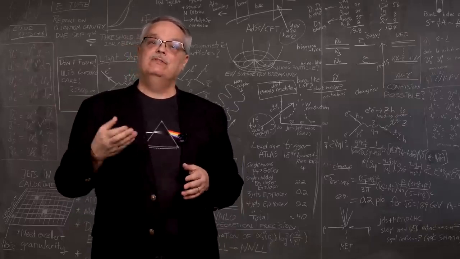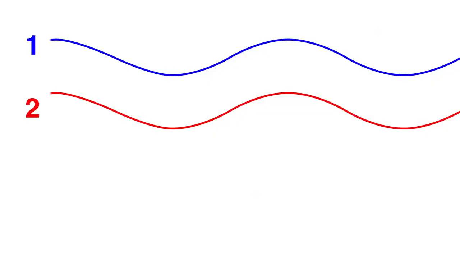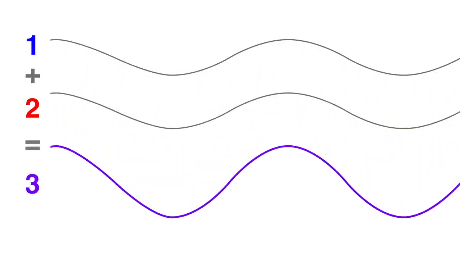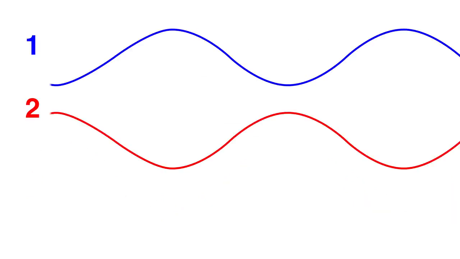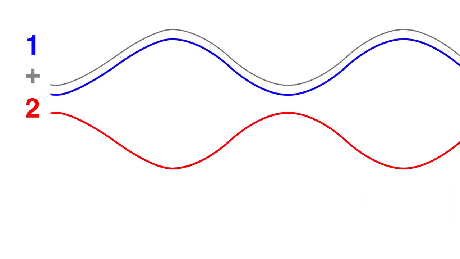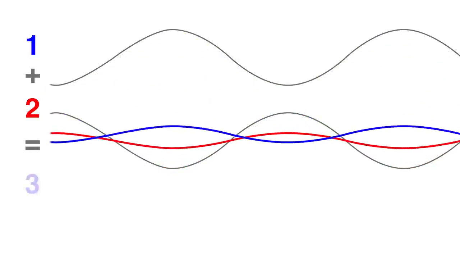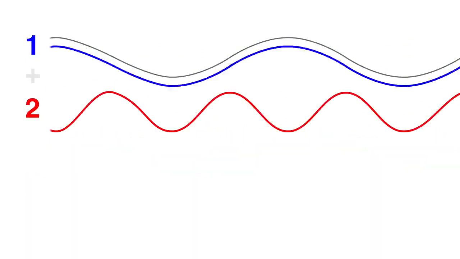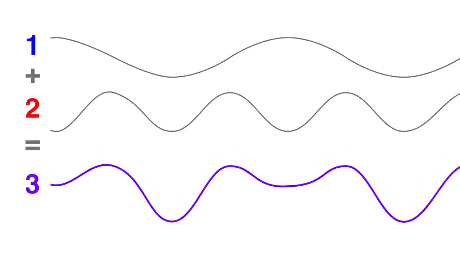And adding them is easy. You just take the height of the two waves and add them together. If the two waves are lined up so the peaks are at the same place, the result is a single wave with a higher peak. If the waves are lined up so a peak corresponds to a trough, then the two waves cancel. And if one wave has a different wavelength than the other, you end up with a funny looking shape.